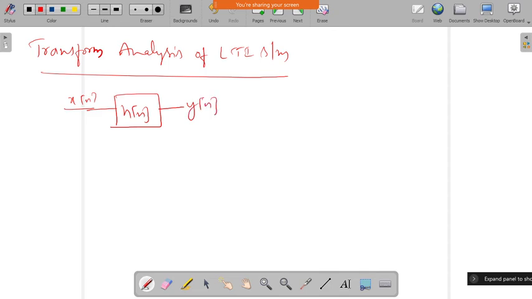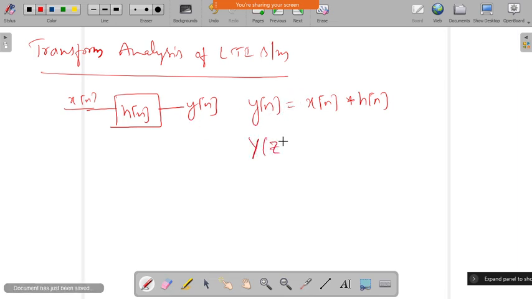We know the convolution equation, which is x(n) convolved with h(n), and by using the convolution property, if I take the corresponding Z transform here, a convolution in the time domain means there is a multiplication of the corresponding Z transforms in the z domain.